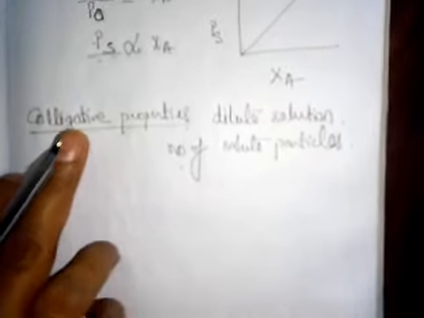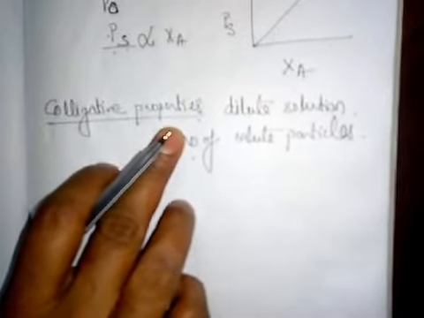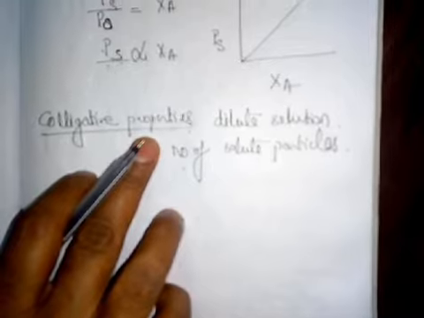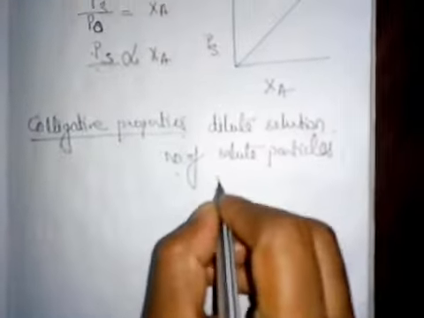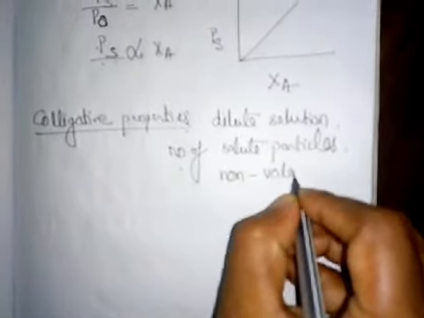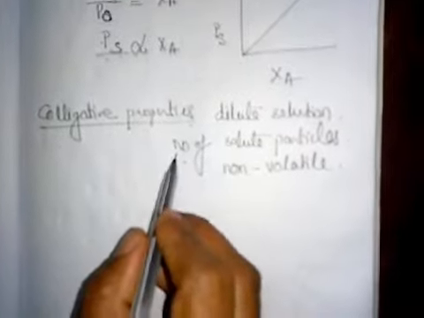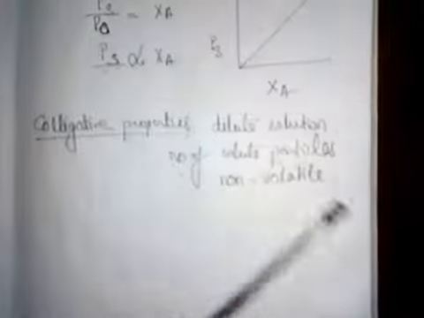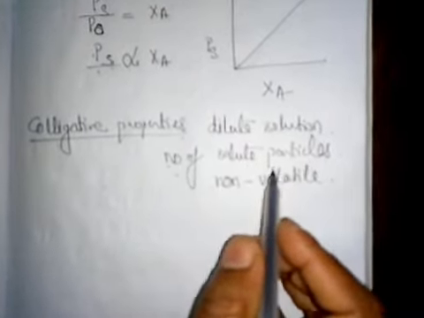Again I repeat, colligative properties are exhibited by dilute solutions containing non-volatile solute particles, and depend upon the number of solute particles but are independent of their nature.